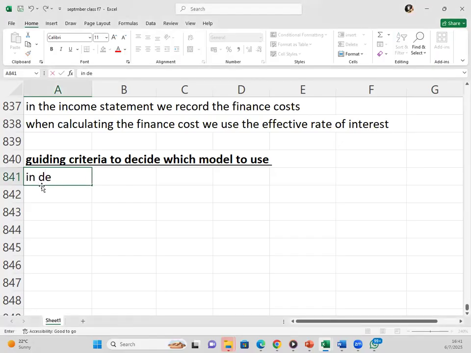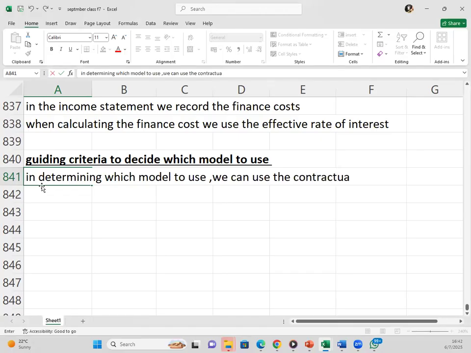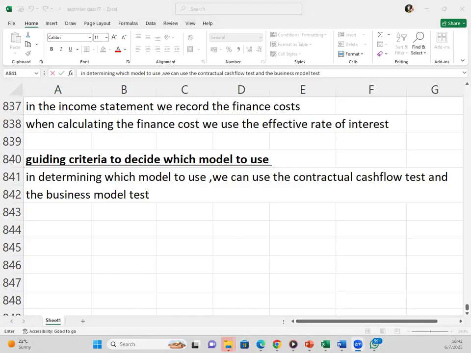In determining which model to use, we can use the contractual cash flow test and the business model test.